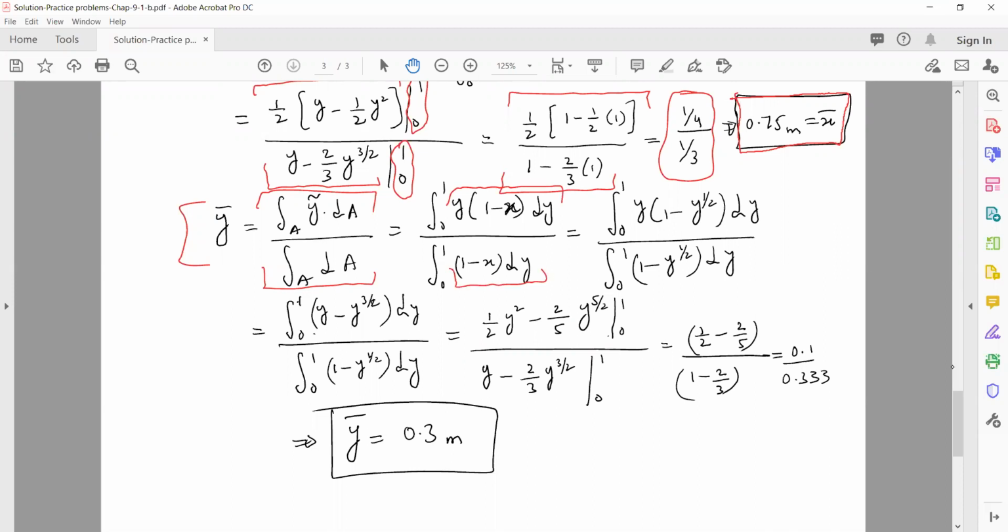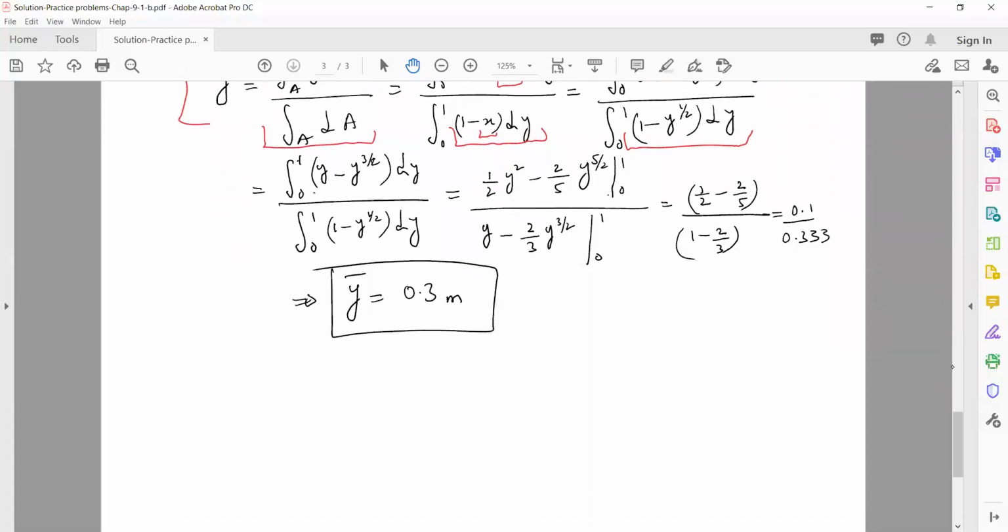Put in the values of x here, because we need everything in terms of y, since we are taking the integral with respect to y. We get this here, and this here.